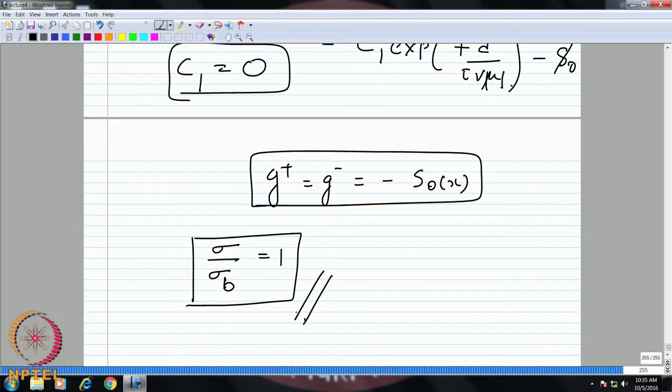Okay. So, this is a completely different expression. Just if you change the boundary condition, you see that there is no modification in your electrical conductivity for this case. Okay. So, therefore, the nature of the boundary condition tells you whether there will be a destruction in momentum or not. In the case of specular boundary condition, you are perfectly conserving the momentum. Okay.